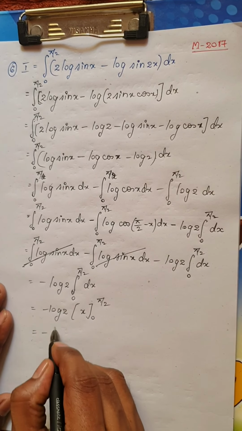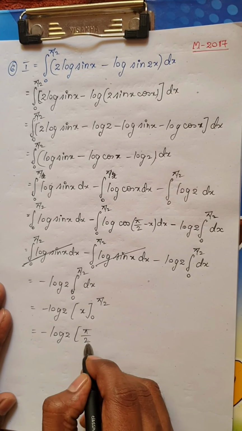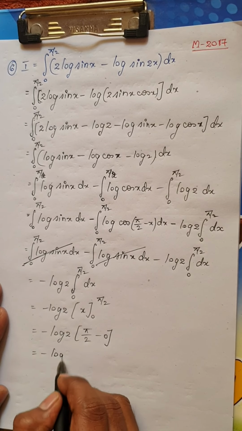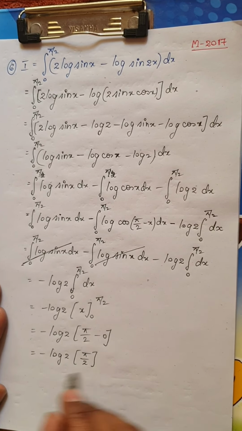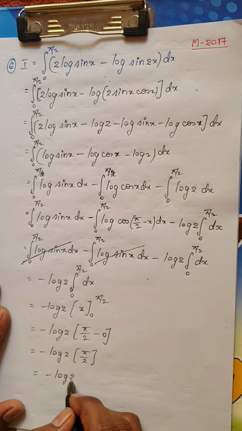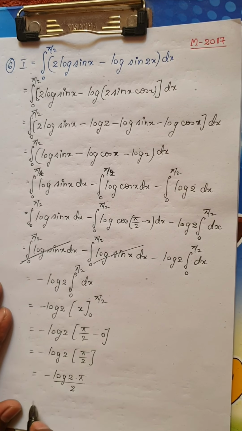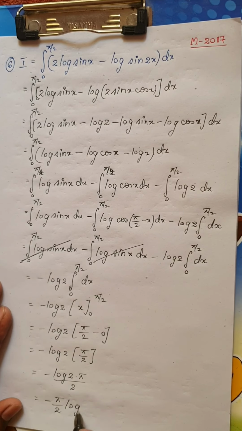This is nothing but minus log 2, and applying the limits, upper limit is pi by 2 minus lower limit is 0. So the answer is pi by 2 minus 0 would be simply pi by 2. So I can write it as minus log 2 into pi whole divided by 2, or else you can write it as minus pi by 2 into log 2.